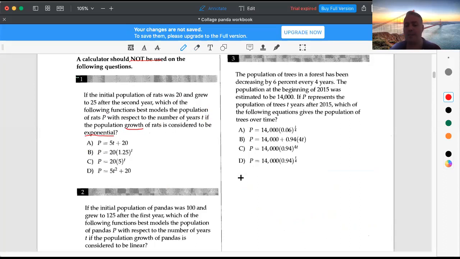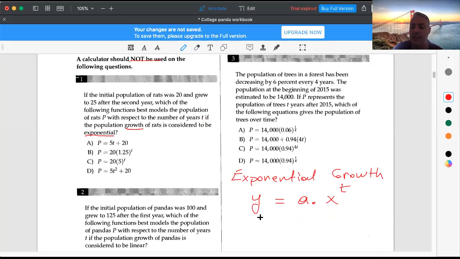So my question is, what is exponential growth? I just explained at the beginning of the lesson. Exponential growth is an equation in the form of y is equal to a times x to the power of t. A is the initial value, x is the rate, increase or decrease, how it is increasing or decreasing as the years pass, and t is time.